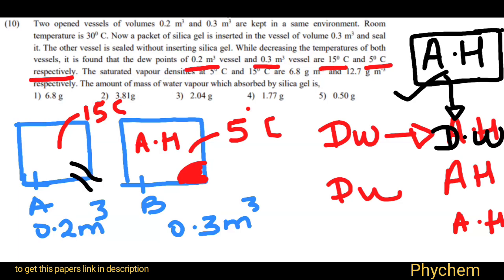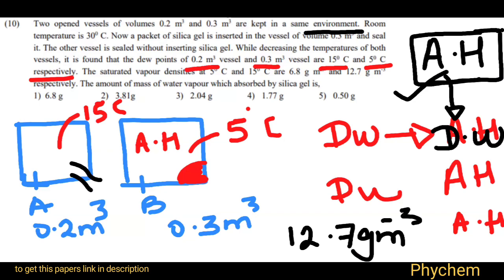The maximum saturated vapor density at the dew point equals the initial absolute humidity. Therefore the environment initially has an absolute humidity of 12.7 gram meter minus 3. Absolute humidity means the amount of water vapor available in a unit volume, 1 meter cube.